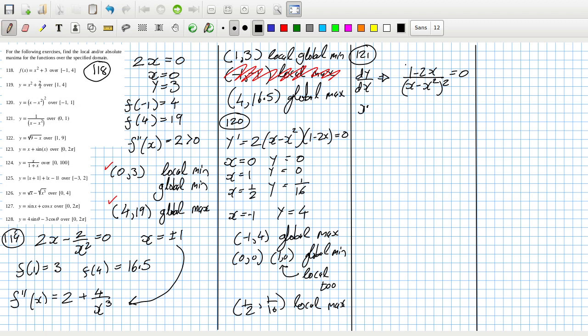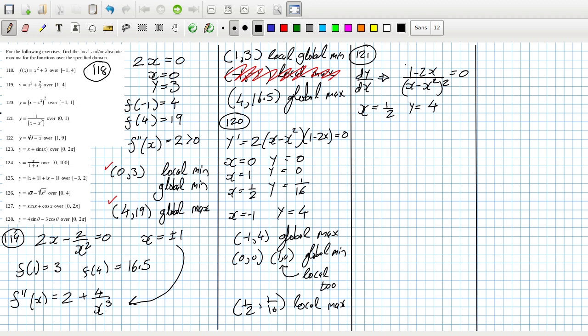So we get x equals a half. Y would equal a half minus a half squared, which is a half minus a quarter, which is a quarter. And then at the ends, but actually we can't evaluate at the ends. We're not allowed to use 0, 1 anyway, so we don't have to look at the undefined value here. But we should figure out if it's a max or a min.